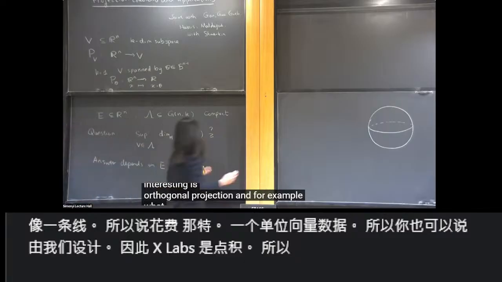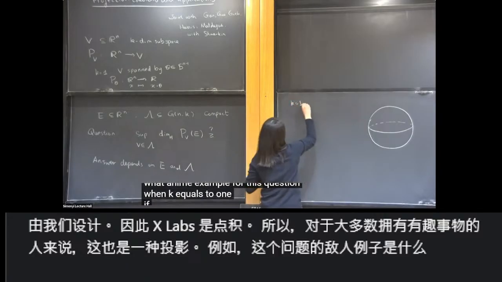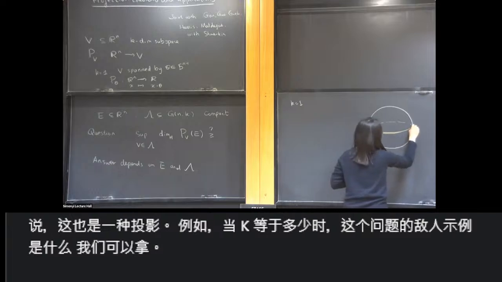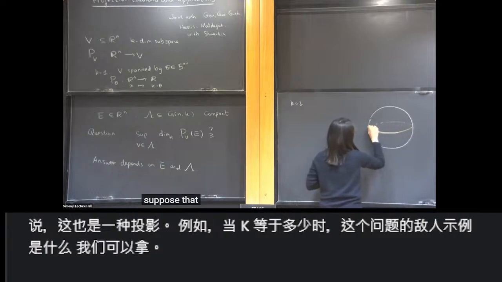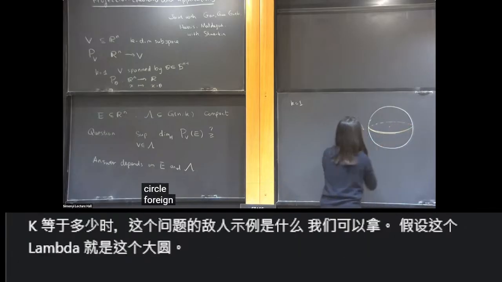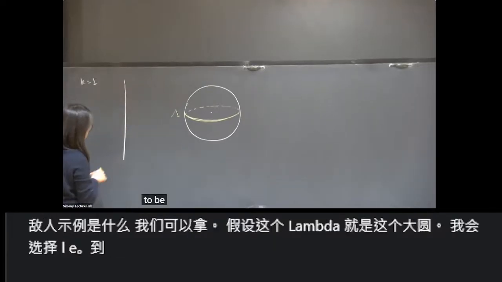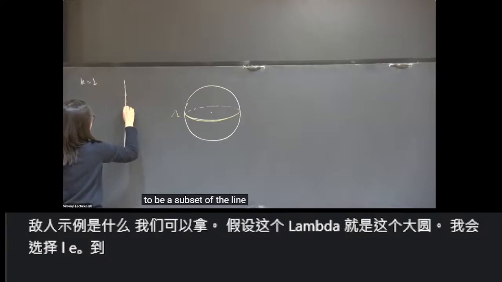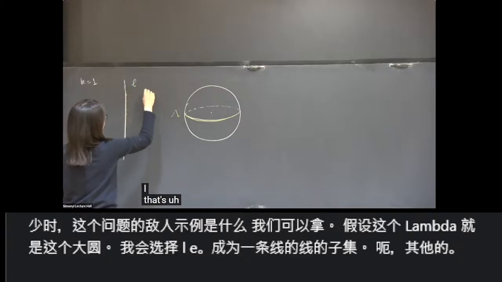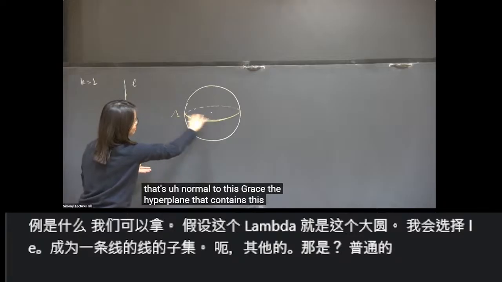For example, one enemy example for this question, when k equals 1, is to suppose that lambda is this great circle, and then we take our E to be a subset of a line L that's normal to the hyperplane that contains this great circle.